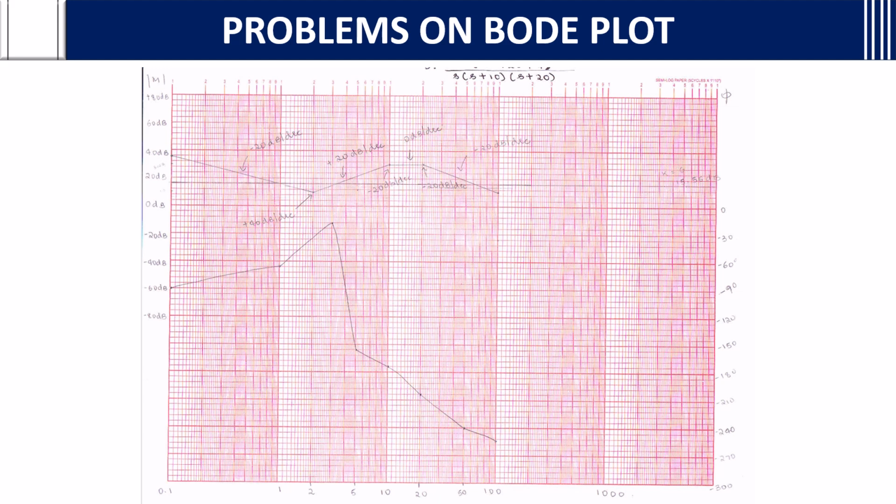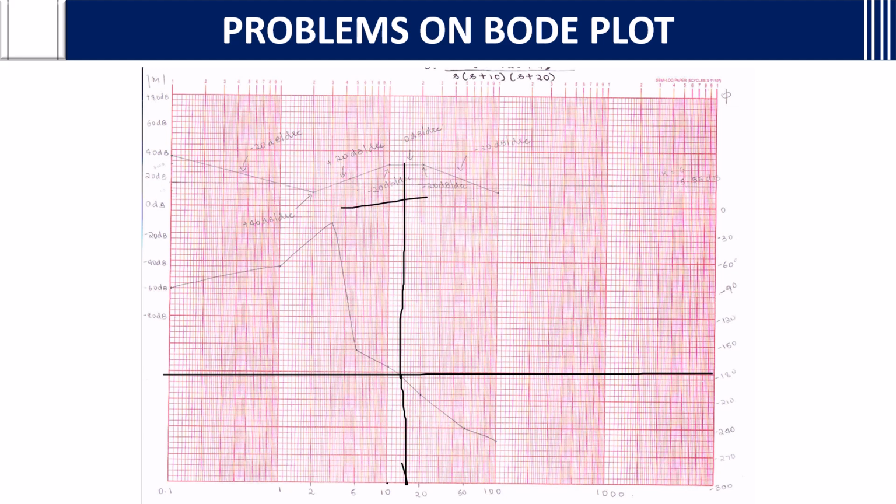For example, if this is the 180 degree point, then this will be the phase margin. At this point you can find the gain margin.